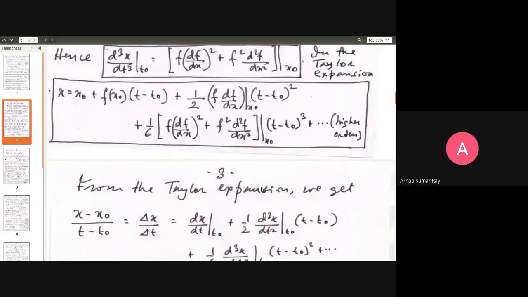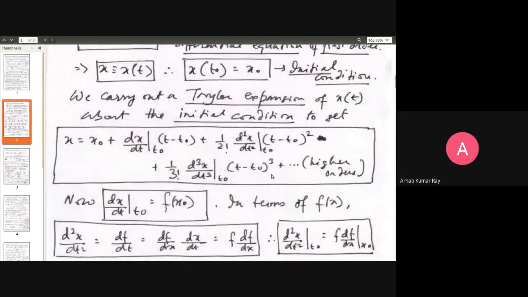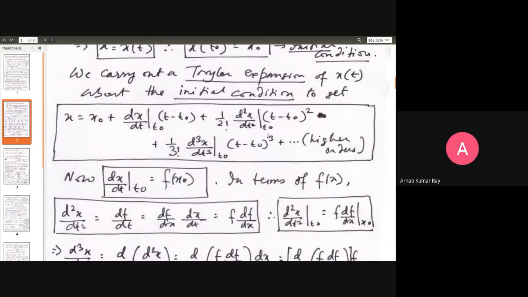Okay, let us go back to our original Taylor function. That's the more familiar thing with which we are comfortable. We will look at this equation now and see what we will do. We will take x naught to the left-hand side, so it will be x minus x naught. Then we will divide this equation throughout by t minus t naught.